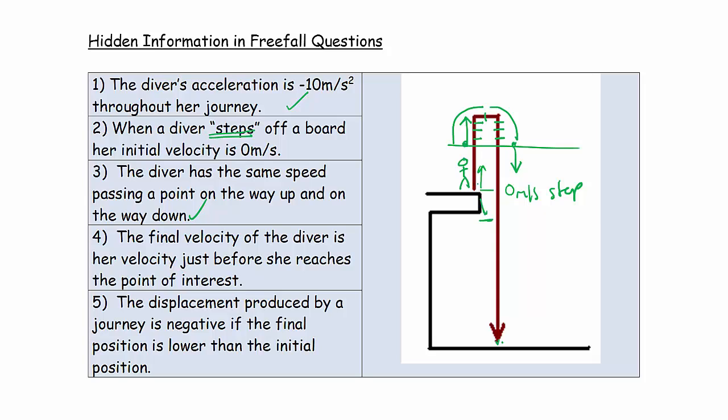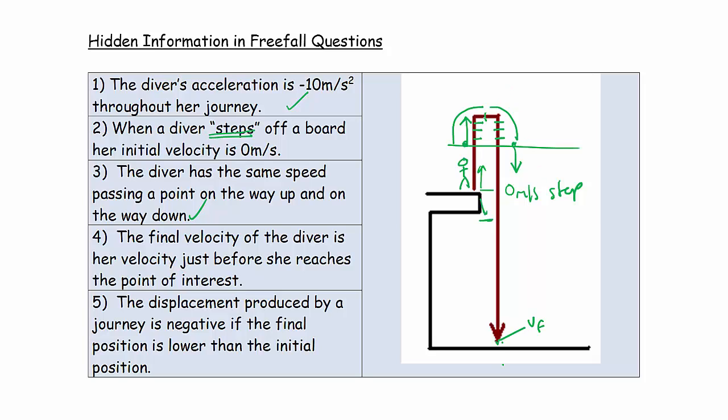My journey is the free fall journey. And so I'm not going to spend time telling you that. I'm just going to say, what's her velocity at the end of the journey? And from doing this practice, you have to know, oh, it's the end of the free fall journey. And so it's the velocity just before she reaches the actual surface, so that there's another force acting on her so that her acceleration is no longer the same.